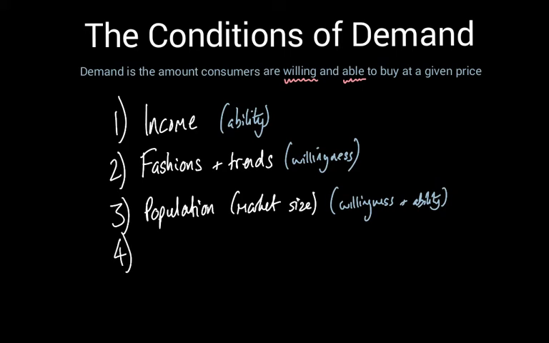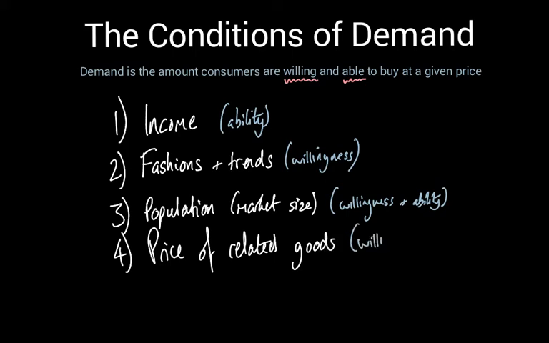Another thing that is going to affect my willingness to buy a product is the price of products which are somehow related to it. I'm going to do a video, and there is indeed a whole topic later on in economics that deals with these more specifically, but the price of related goods will alter my willingness to buy the good that we're talking about.